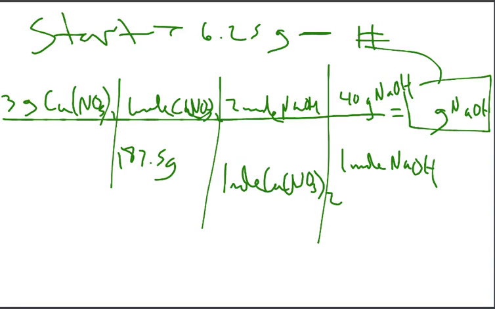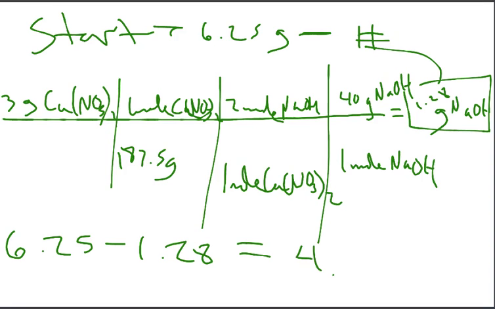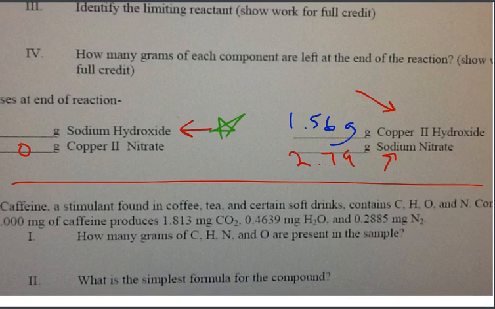When I get this number, it's 1.28. So now I'm going to take 6.25 and subtract 1.28, and that will give me my value. And it is 4.97.